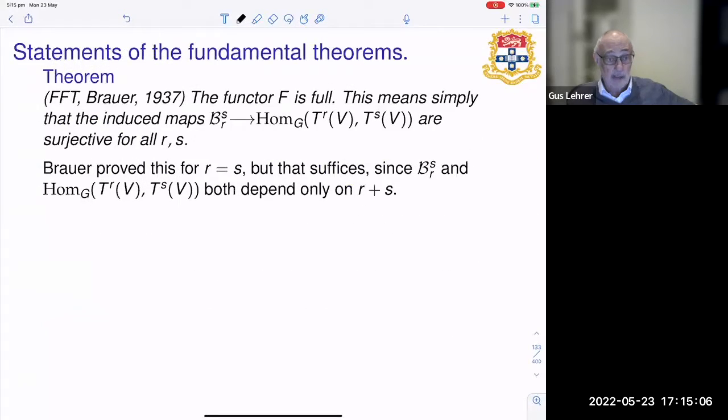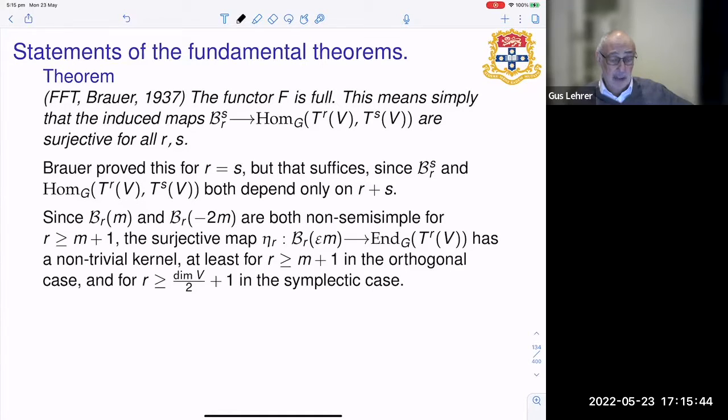We saw last time that the Hom space from T to the RV to T to the SV depends only on R plus S, and similarly the Hom space in the Brauer algebra depends only on R plus S, and so it suffices to prove it for R equals S, which is what Brauer did.